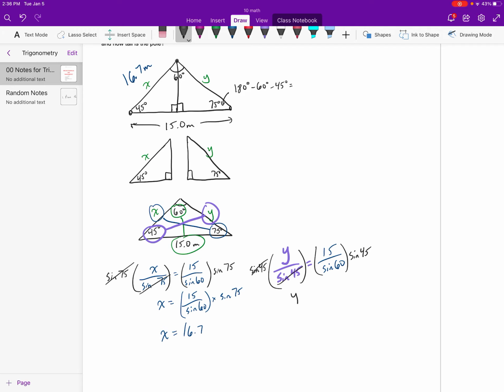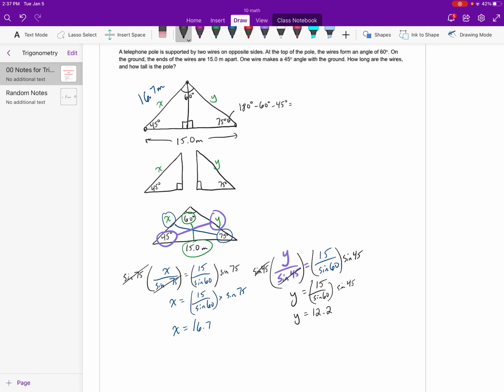This crosses out. We're left with y equals 15 over sine 60 times sine 45. Punch that into your calculator, and you get 12.25. Let's round it down. 12.2. There we go. So now we know this length is 12.2.